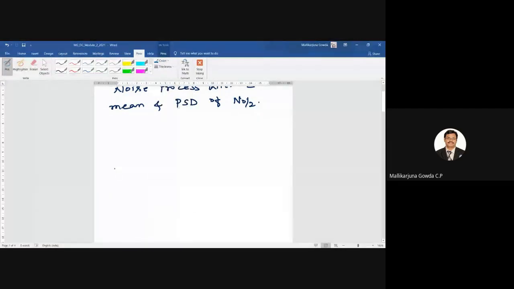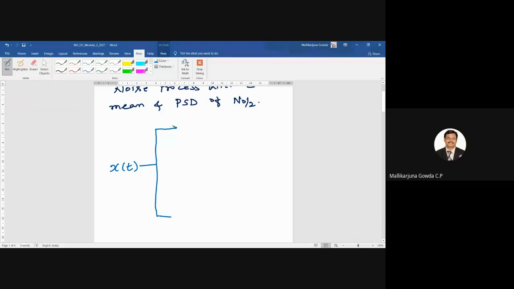X of t is my received signal. From this, I need to get the coefficients, so I am going to apply this to N number of correlators. I need to draw those N correlators, so first let me draw the first one.